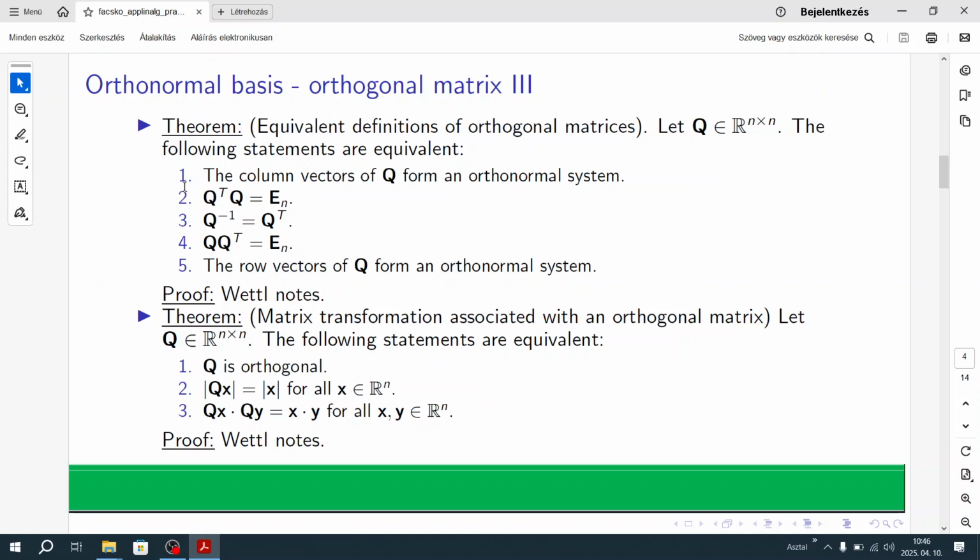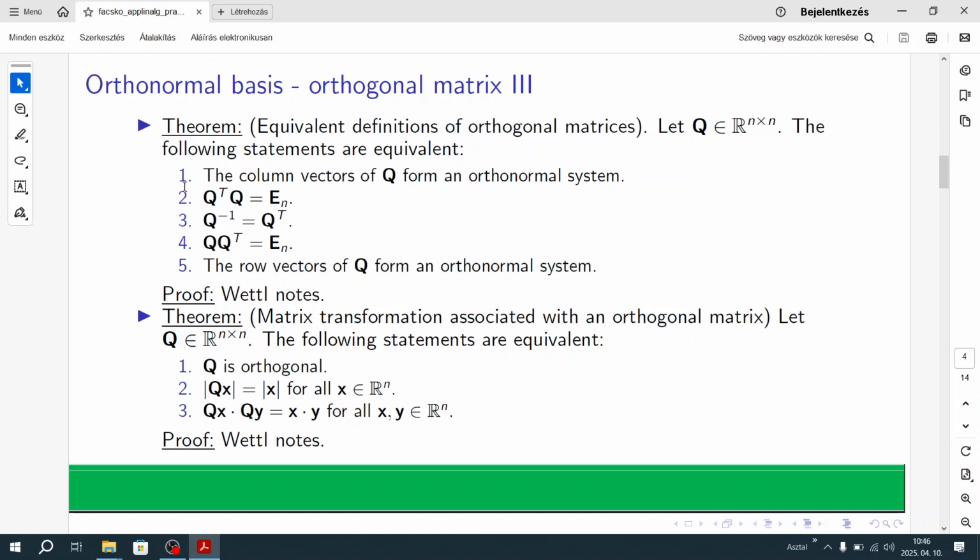The row vectors of Q form an orthogonal system. That's also the definition. The previous thesis is the transpose of the matrix multiplied by the matrix, or the matrix multiplied by its transpose, gets what? The identity matrix. That's the previous thesis.